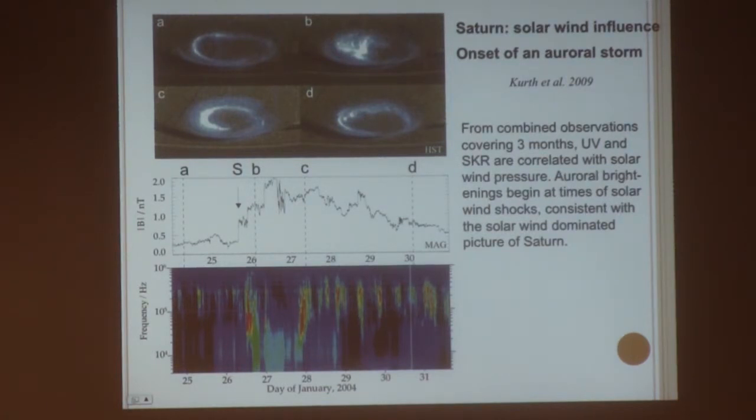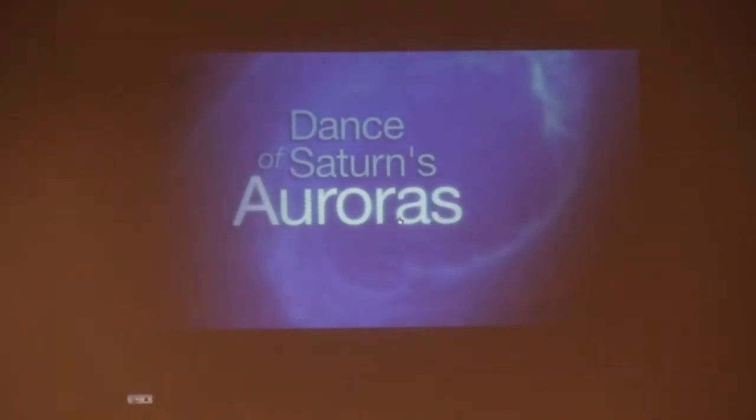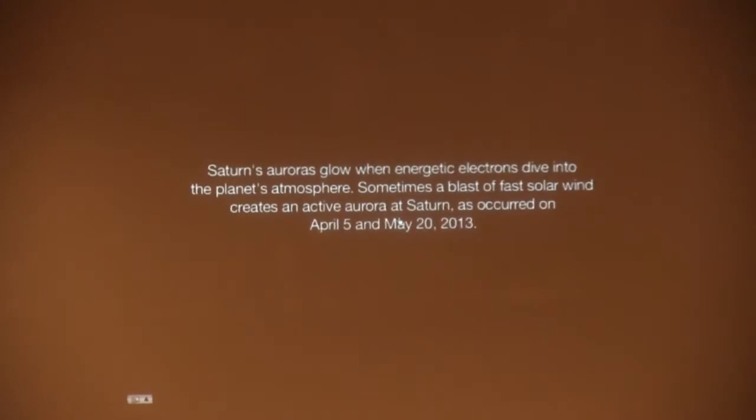So from combined observations like these that have been done a lot and are actually ongoing now, we know that the UV and Saturn kilometric radiation are correlated with solar wind pressure, and the auroral brightening happens at times of solar wind shocks, which is consistent with the picture that I've talked about.